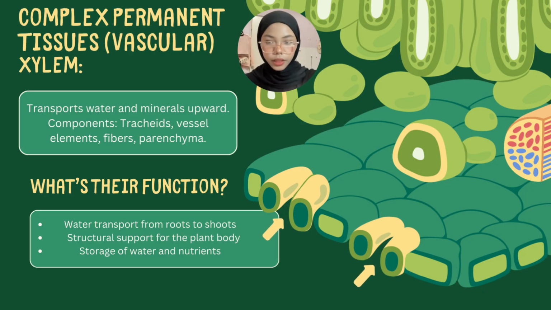The functions of the xylem are water transport from the root to the shoot, mineral nutrient distribution, structural support for the plant body, and also storage of water and nutrients.